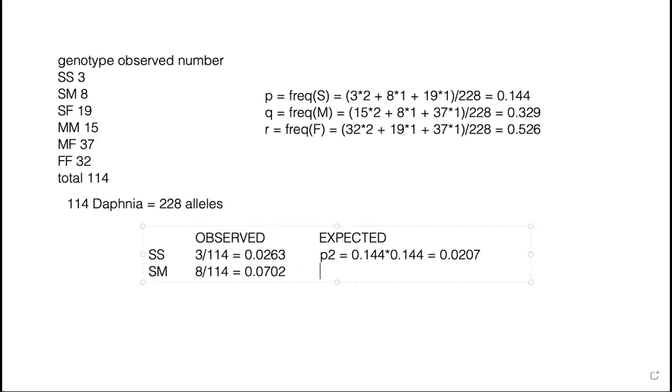Our expected frequency is 2PQ, which is 2 times 0.144 times 0.329, which equals 0.0948.